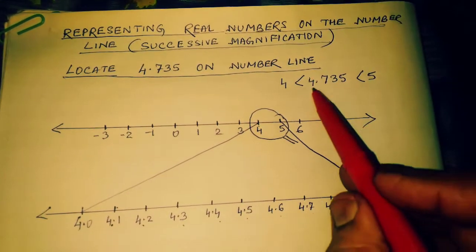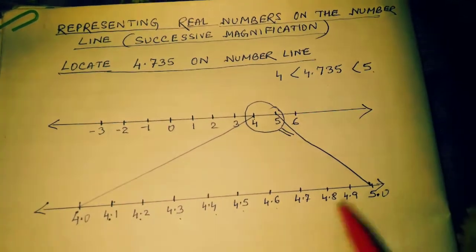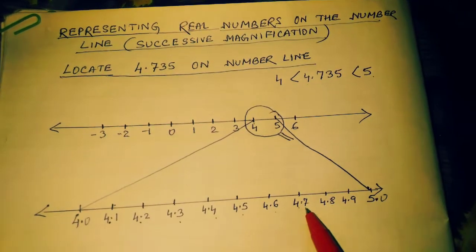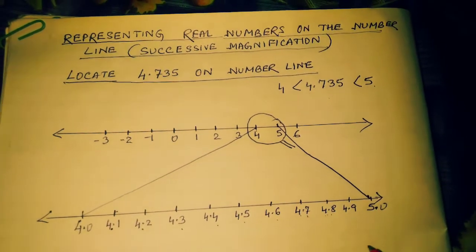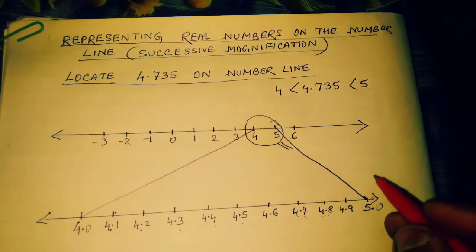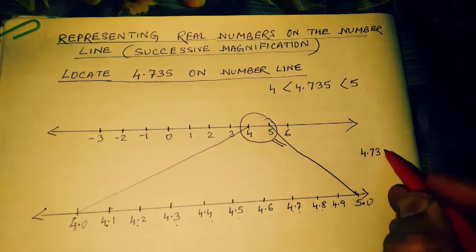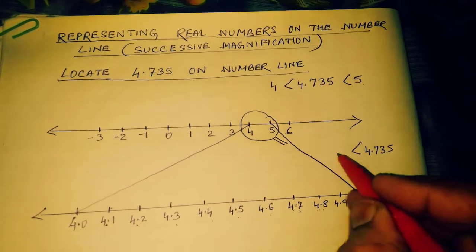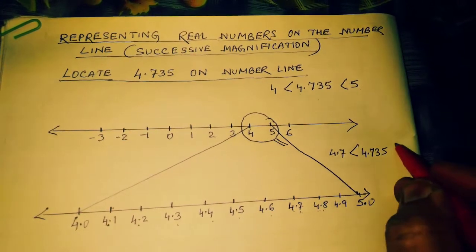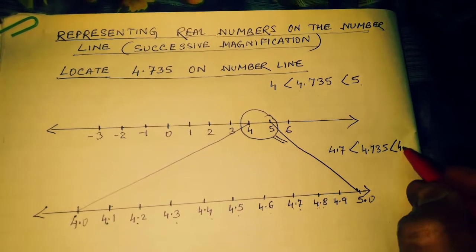Now we'll see the next step. It is given 4.735. So here is 4.7 and here is 4.8. That means you can say this number 4.735 lies between 4.7 and 4.8. Clear, student?